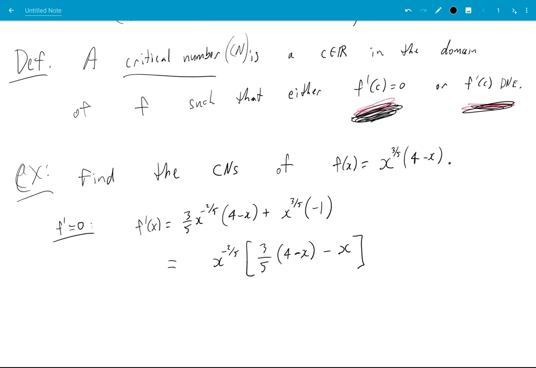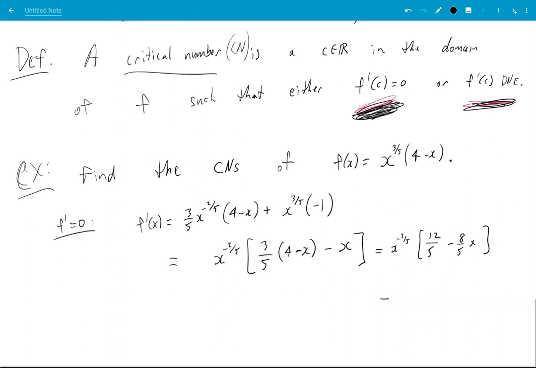Okay, then what do you get? x to the minus 2/5, and inside the bracket, I get 12/5. Lovely. And then minus 3/5 minus 8/5 x, I think. Then I simplify as much as I can.